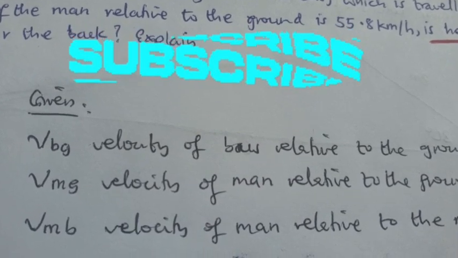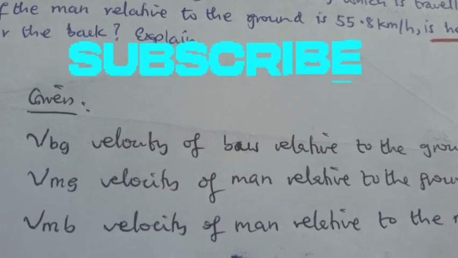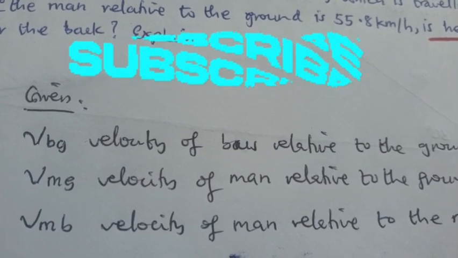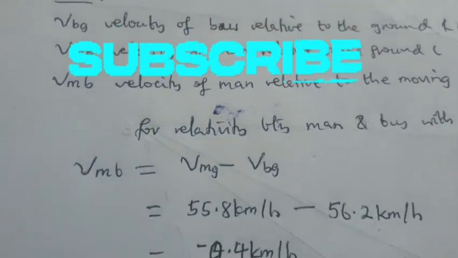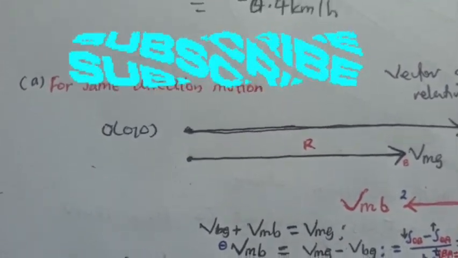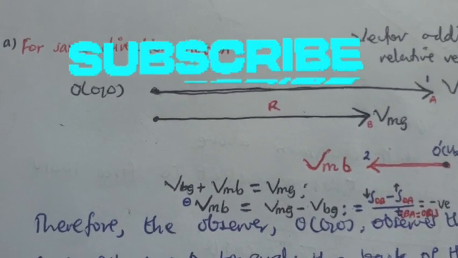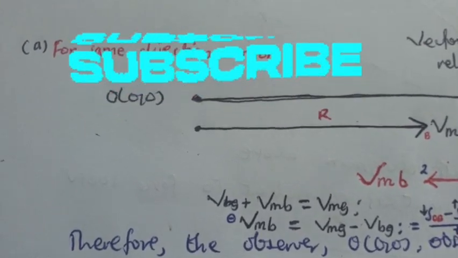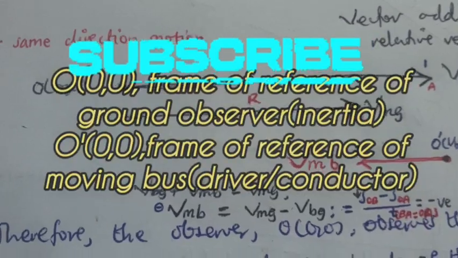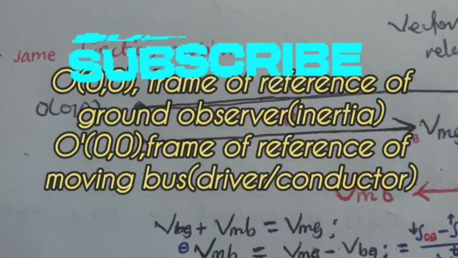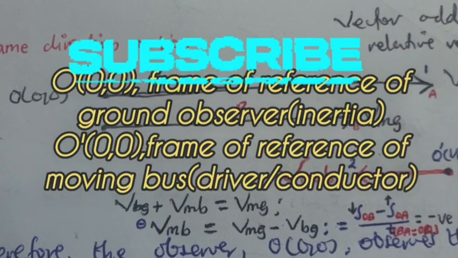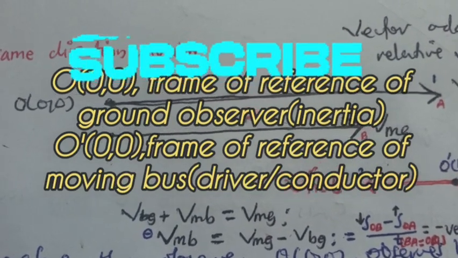This man, remember, is walking inside the bus that is moving. Okay, let us see how we can get the relationship between these two concepts of relative motion. For relative motion, we must set two axes coordinates as a frame of reference.